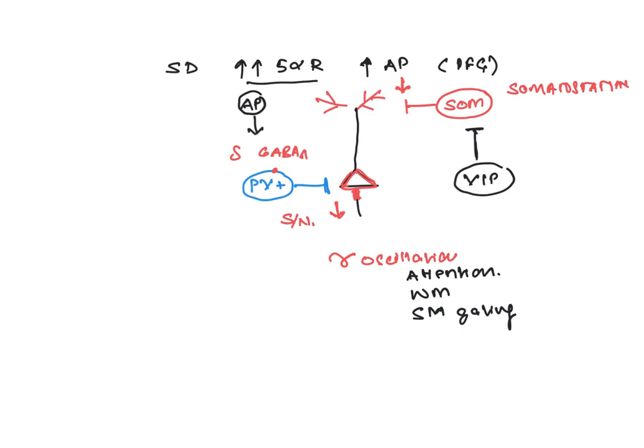So what will it do? When it acts on this, it will inhibit the parvalbumin positive GABA interneurons. So when you inhibit it, you're not able to put a brake on the soma and the proximal axon of the pyramidal neurons. So this will disrupt the signal output.